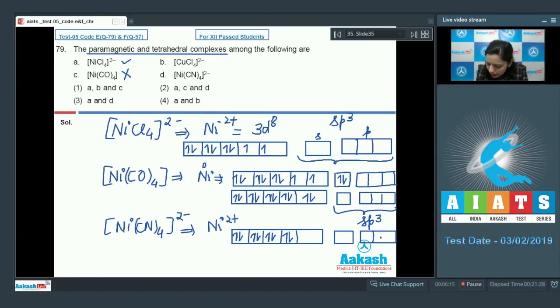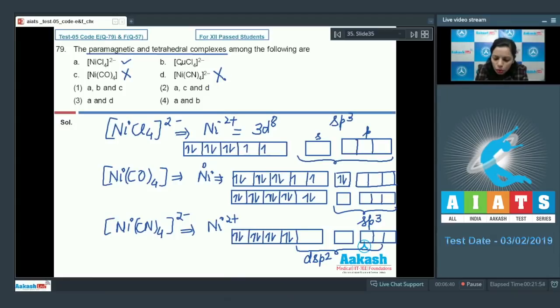And now in this case, 1d, 1s and 2p orbitals will hybridize, and on that basis this hybridization would become dsp2. It means it is neither paramagnetic nor does it have a tetrahedral shape. Its structure is not tetrahedral, that's why this is not following this condition.